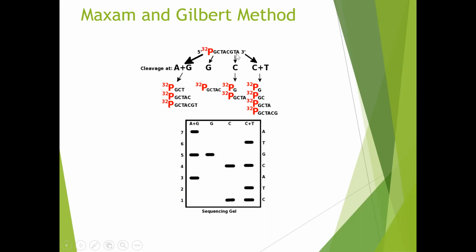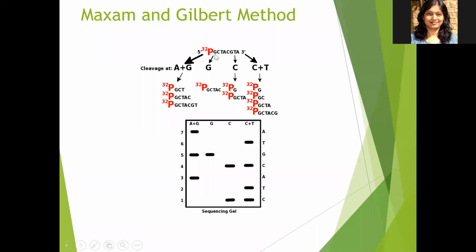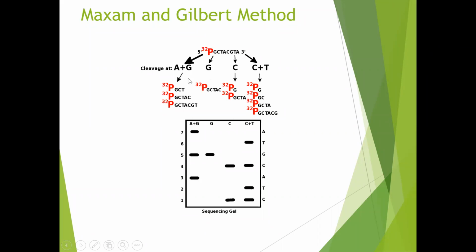So you have to control the incubation time and the concentration of the components in the base modifying reaction in such a way that there is cleavage here, here, and also here. So you will have the formation of all these three different products. This is what I meant: a ladder of progressively larger molecules is formed, so you have to control the incubation time and the concentration of the reagents in the base modifying reaction.